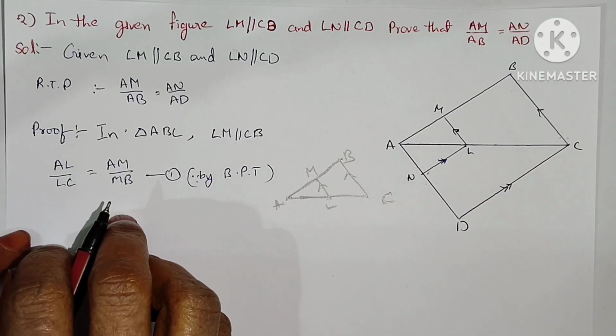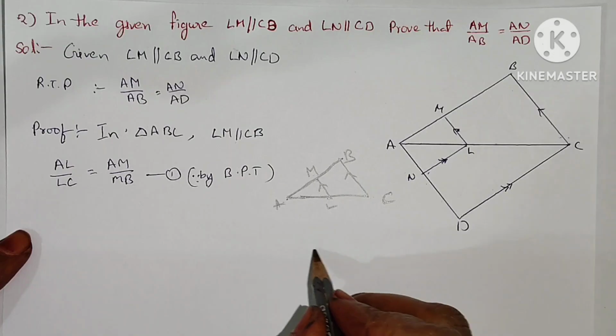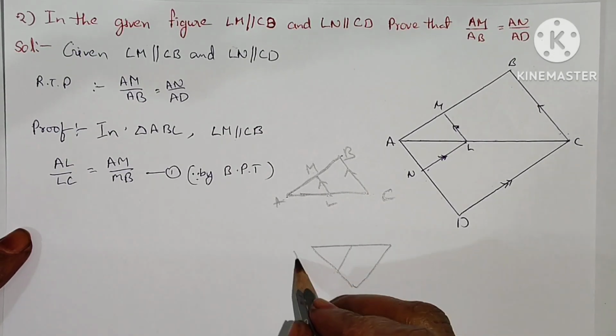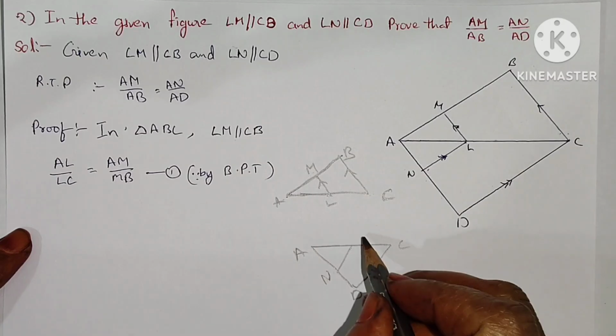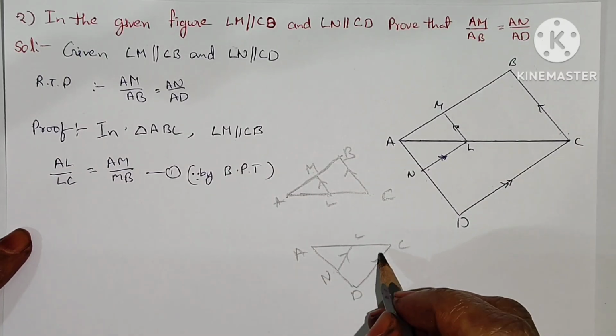Now next we take the lower triangle ACD. NL and DC are parallel, so here also we apply the basic proportionality theorem.